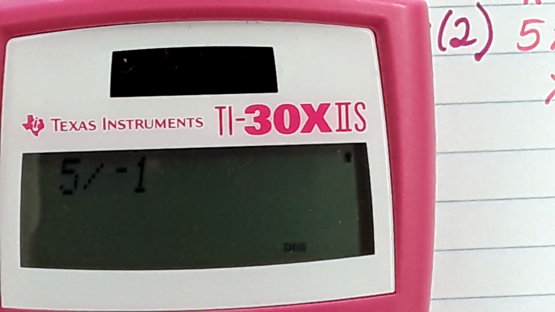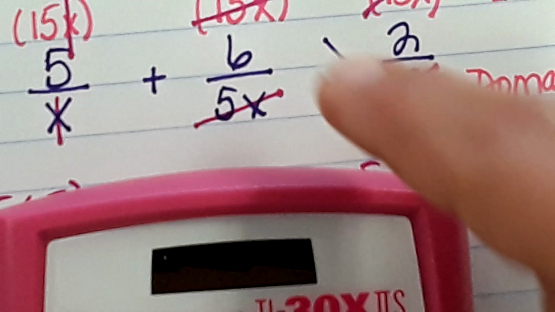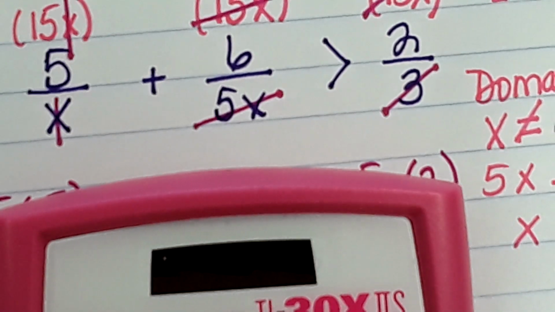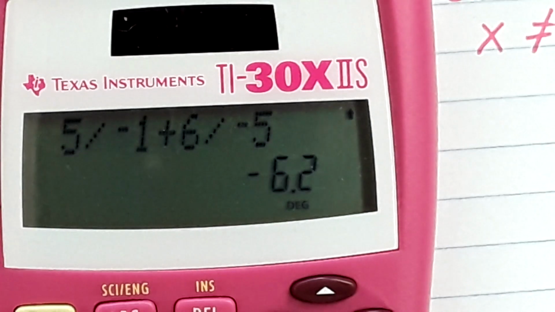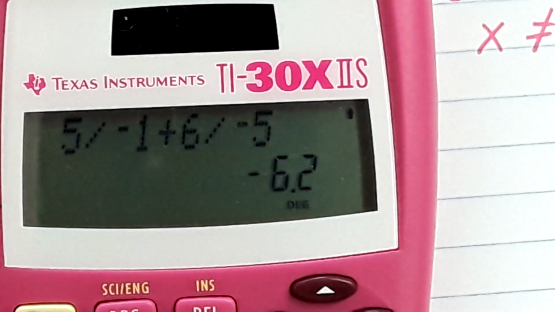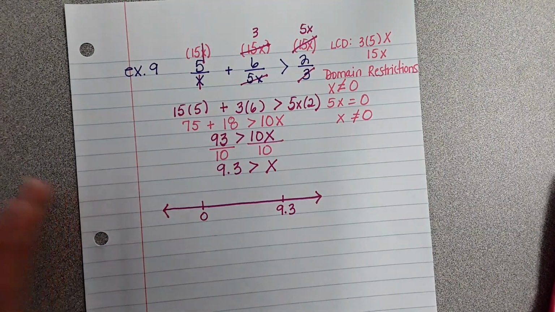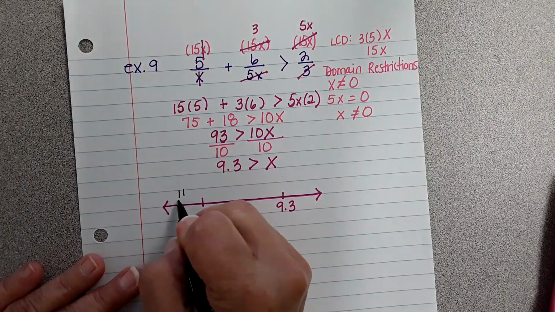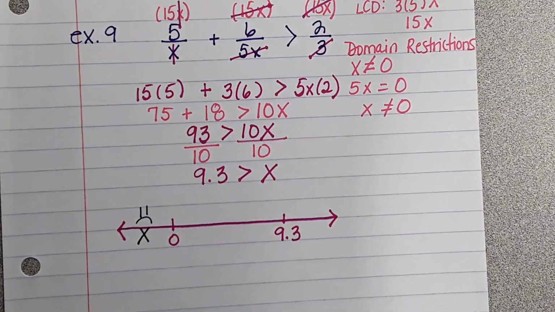The reason I put -1 is because that's what we chose, and x is in the denominator. Plus 6 divided by, well, the next denominator was 5x. So 5 times -1 is -5. And I get -6.2. Is that greater than 0.6666? It's not. So that means right here it doesn't work, okay? So no number can be less than 0.